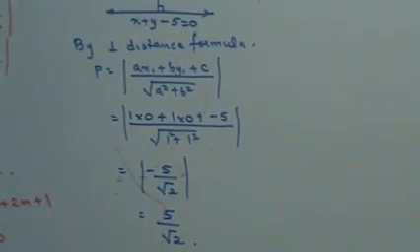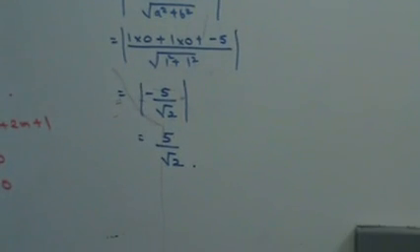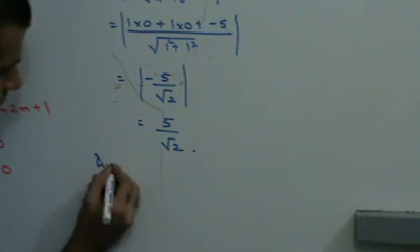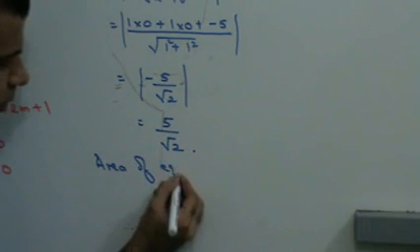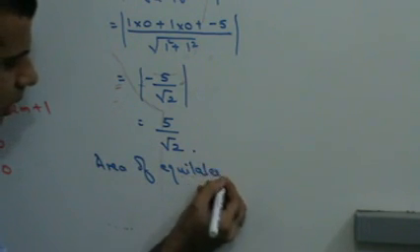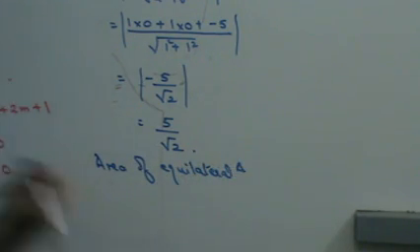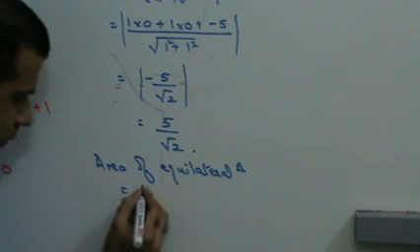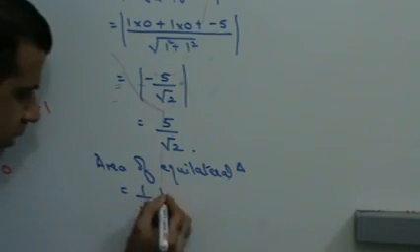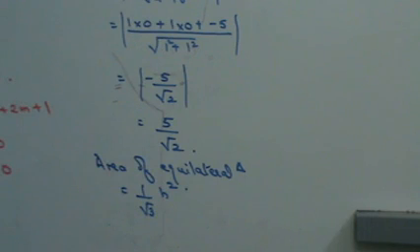Once I know, in an equilateral or in any triangle, this is a particularly equilateral triangle, the height of the triangle, then I can find out the area of the triangle. Area of an equilateral triangle is given by the formula 1 upon root 3 into h square, the height square.